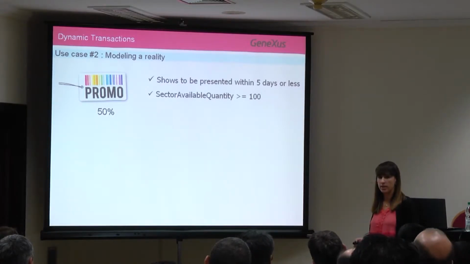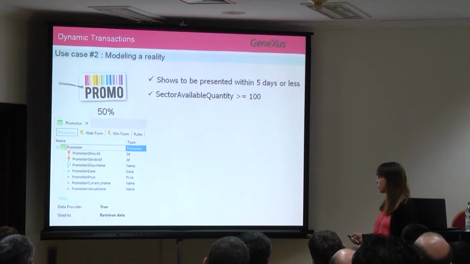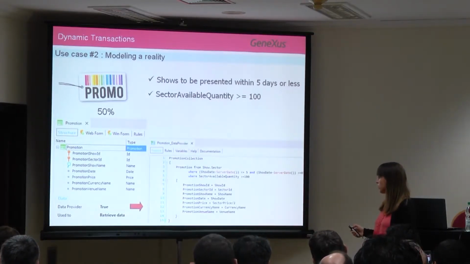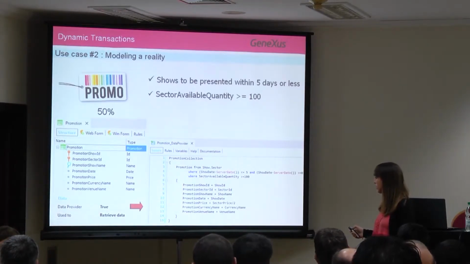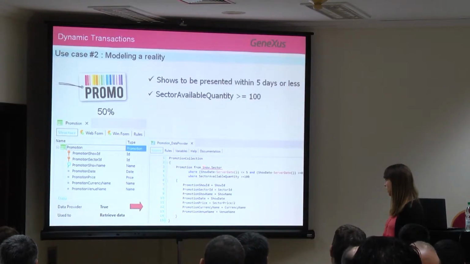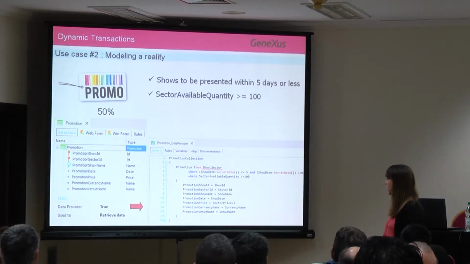Now, an interesting alternative to have available and see what the specific promotions are is to define a dynamic transaction. Let me show you this definition. I like to define it in this way, and let me explain why. We all agree that what I needed to retrieve was sectors in the show that fulfill certain conditions, right?